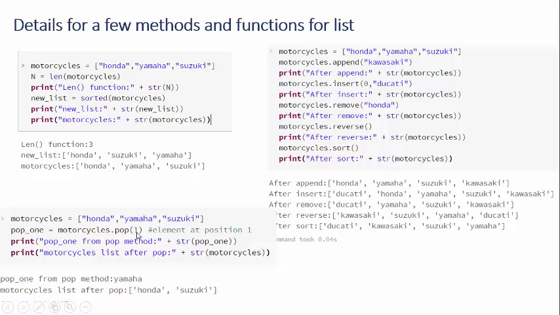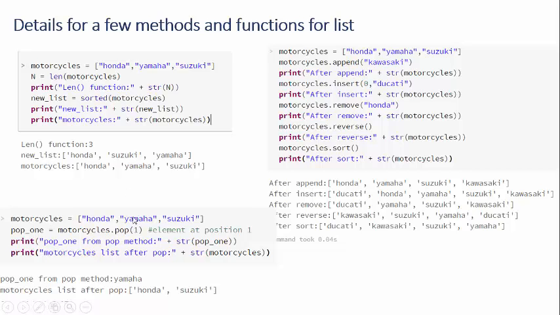Here we have 1, which means we're going to remove the element at position index 1, which is always the second element in a list. When we apply the pop method, it automatically deletes the content of the list at the position defined as the argument. In this case, Yamaha is going to be removed from the list.